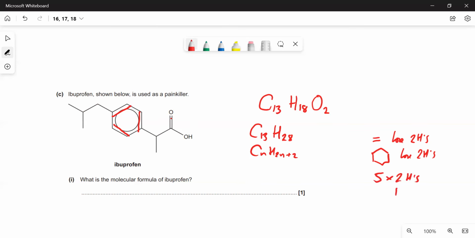So we're going to lose 10 hydrogens. So it's not H28, it is H18, which is the number we've got there. So a bit of a quicker way of doing it. For that one it doesn't make much difference, but if you've got a much bigger molecule, it can save you time. So C13H18O2.